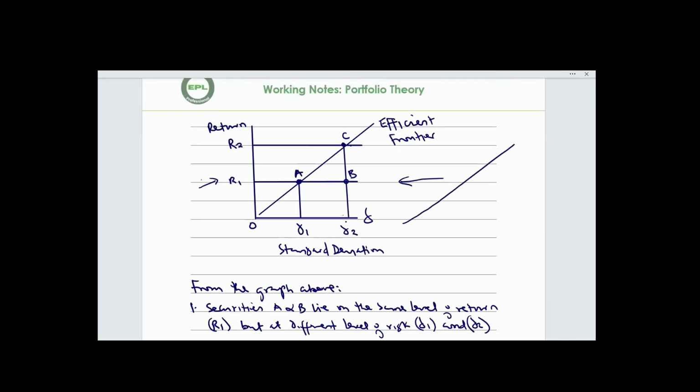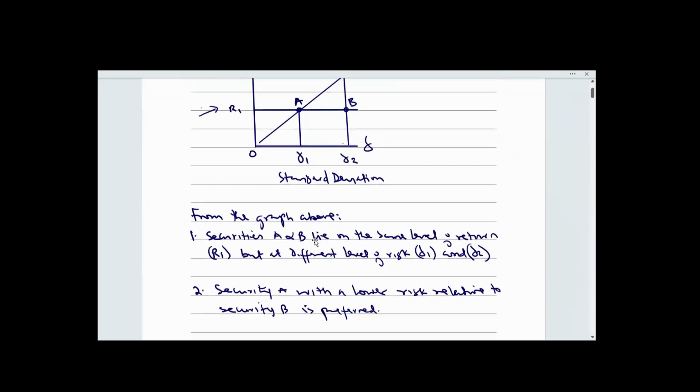That's a positive relationship. So the higher the risk, the higher the return. The lower the risk, the lower the return. So the risk-return trade-off is that positive relationship that exists between risk and return.